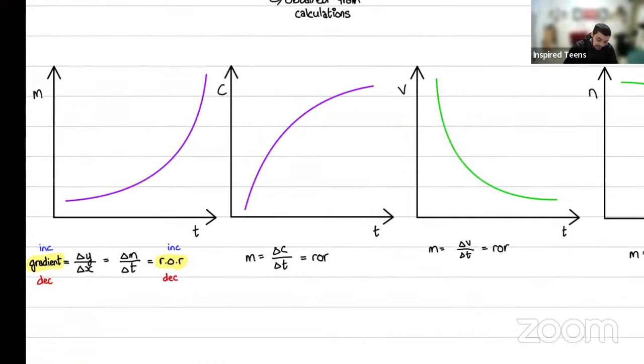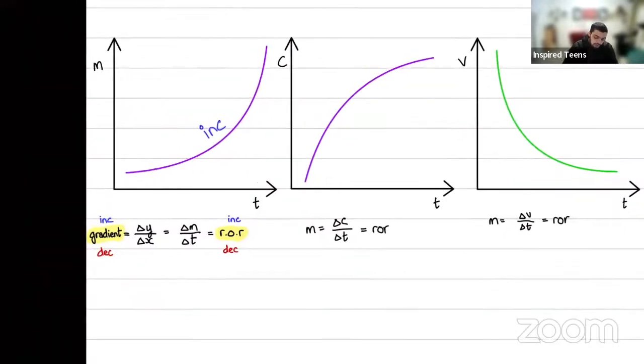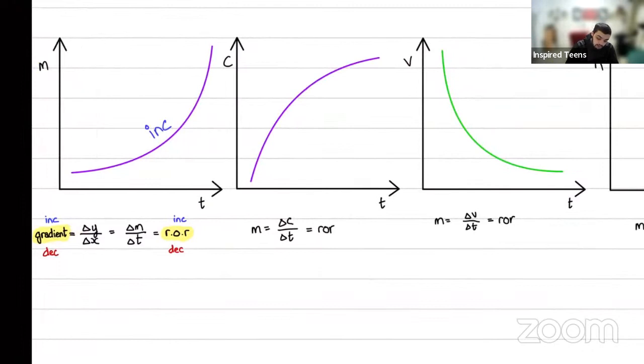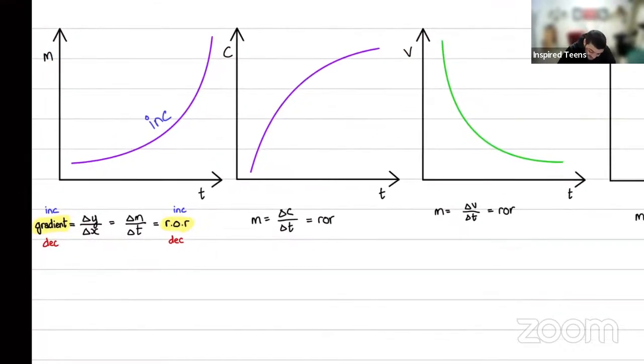So we need to note that here we can see an increasing gradient. The mass is increasing, that's correct, and the gradient is also increasing. However, on this graph here, even though the concentration is increasing, this is a decreasing slope graph, a decreasing gradient graph.